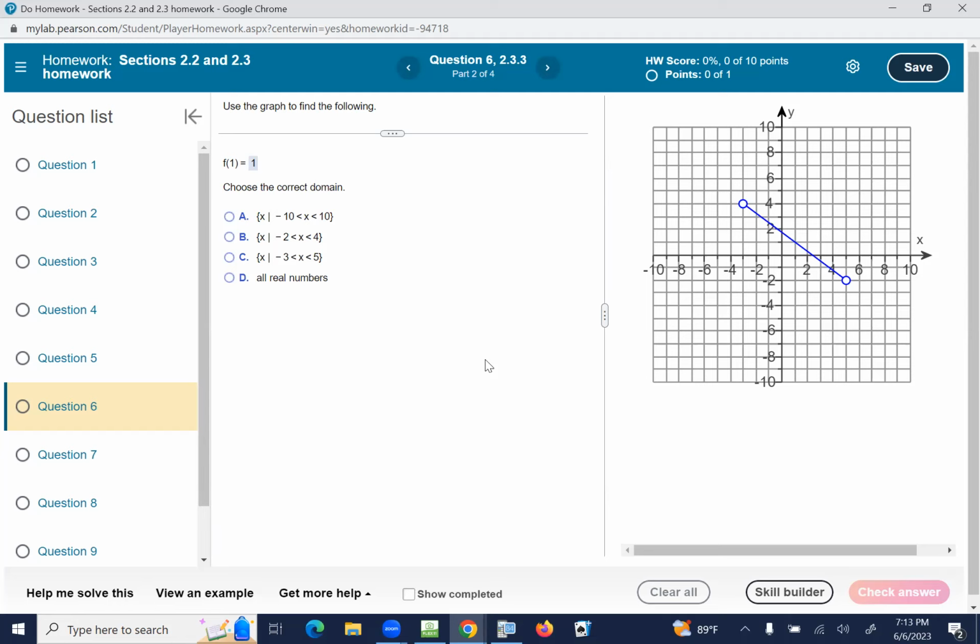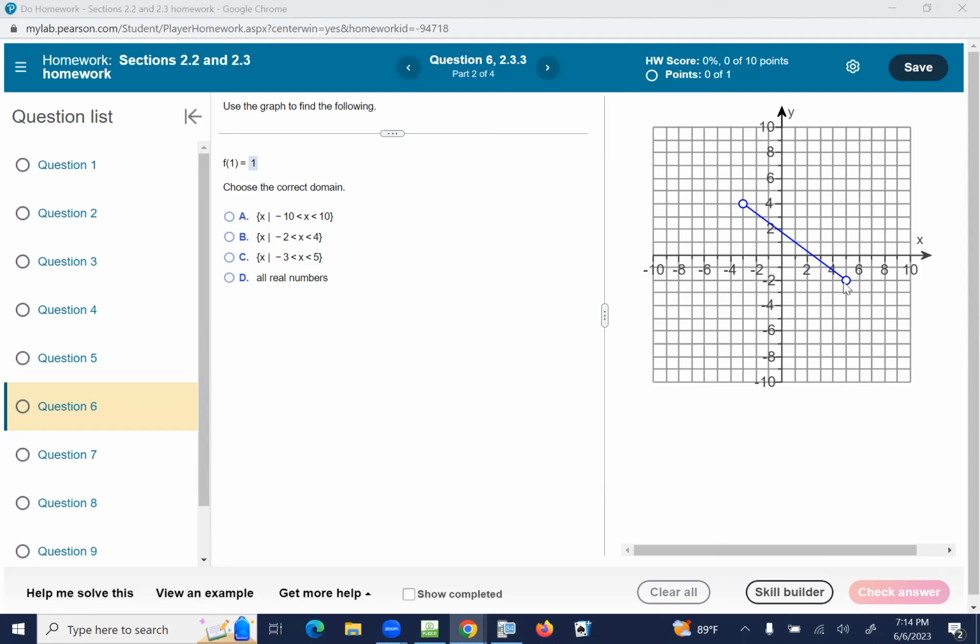So the hollow dots do not have any equals. If the dots were solid, then I would use the equals. So let's look at the left point on this. If you go straight down, what's that x value? All right, y'all, okay, so I got a -3, perfect. If you go straight down, you got a -3.